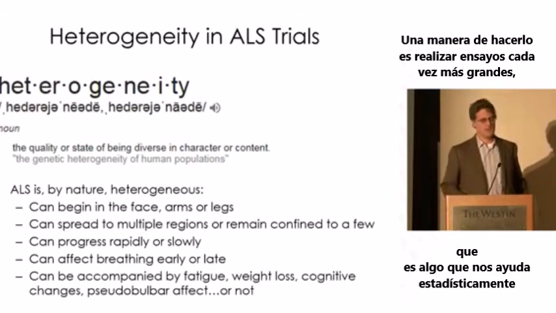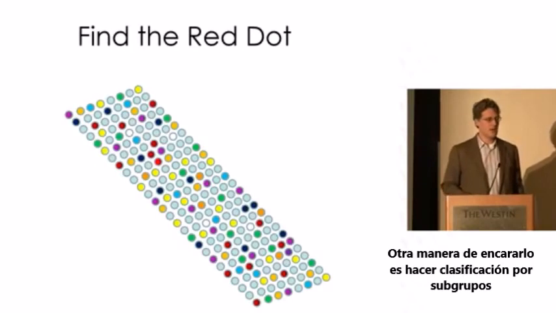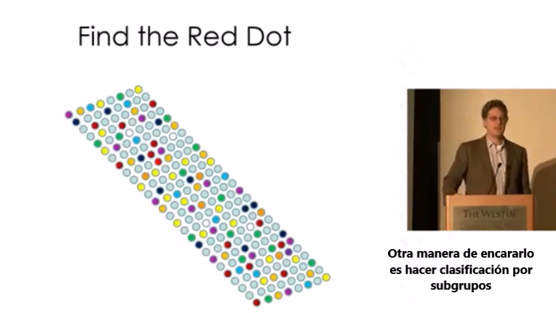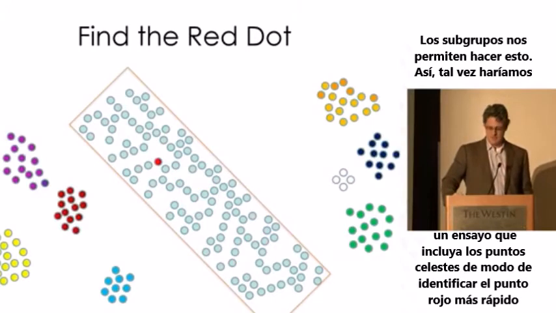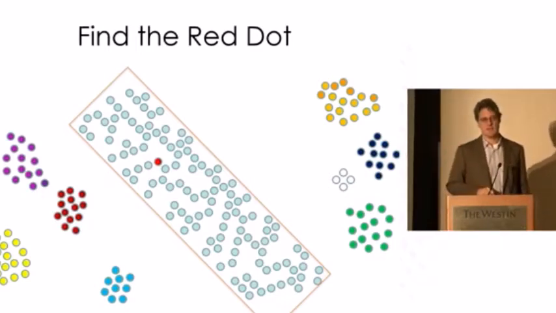One way to deal with it is to do bigger and bigger trials, and that helps us statistically deal with it. Another way to deal with it is to do something that we call subgrouping. And subgrouping would allow us to do this. Maybe we do a trial that only includes the light blue so that we can see that red dot more easily. Okay?